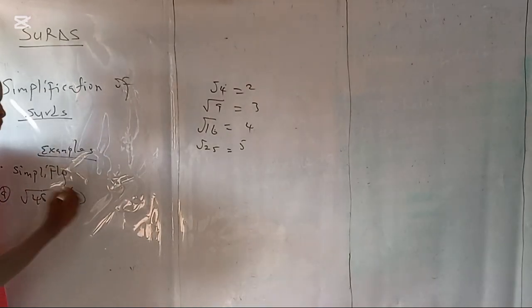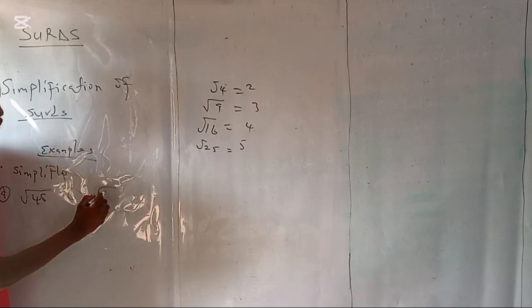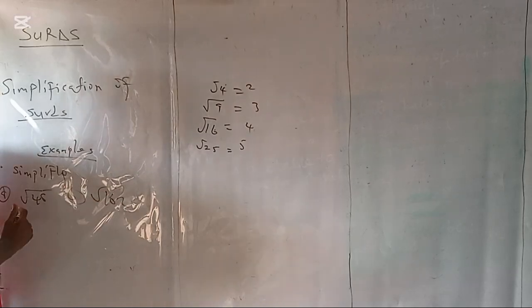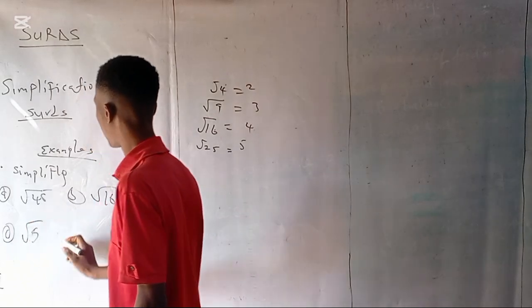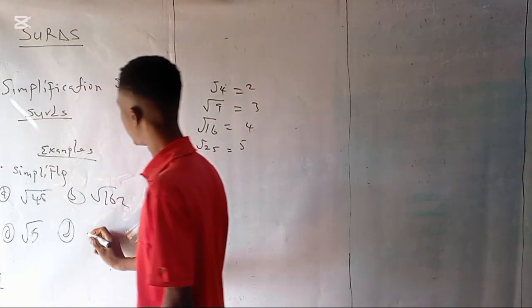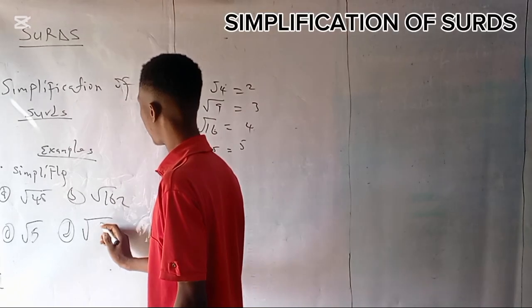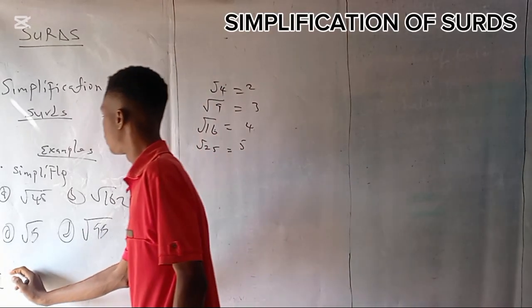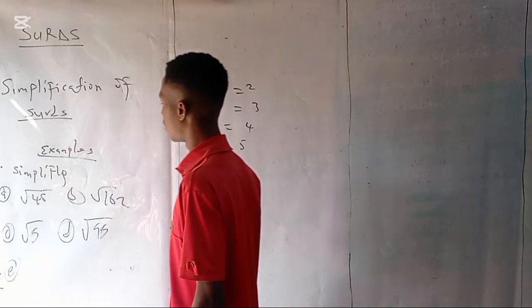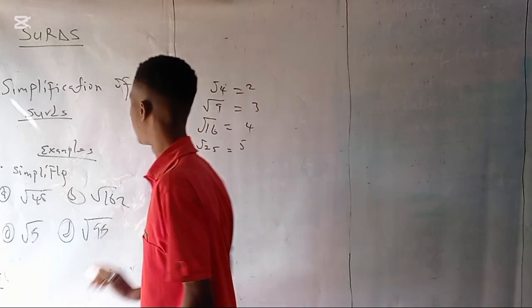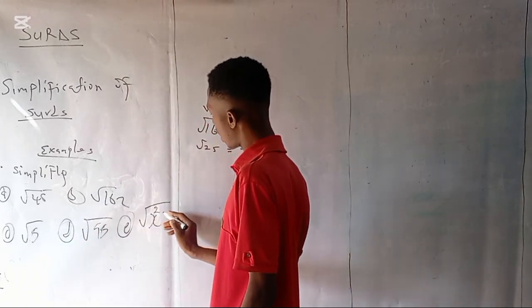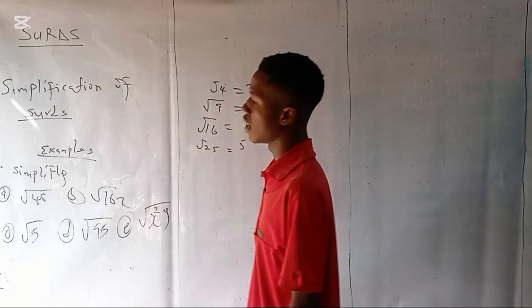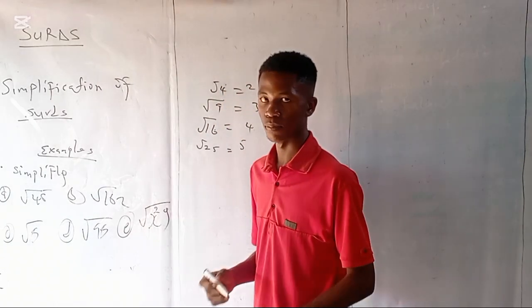B, root 162. C, root 8. D, root 98. E, root of x squared y. So let's solve the problems.